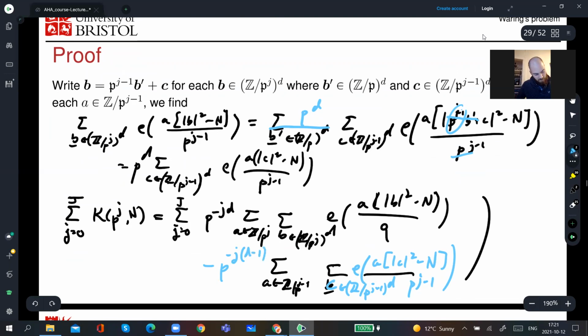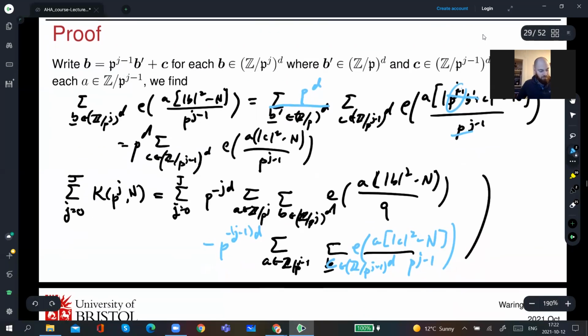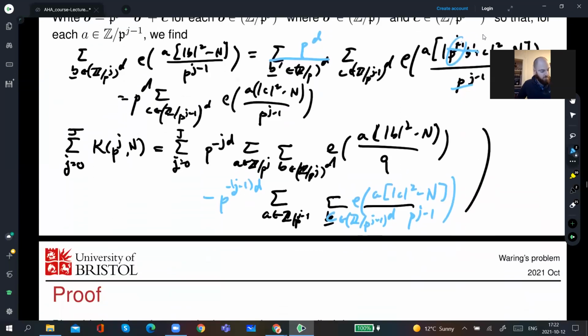That becomes a j minus 1 now, times d. And the sum telescopes. All I have left is the term at j equals 0.